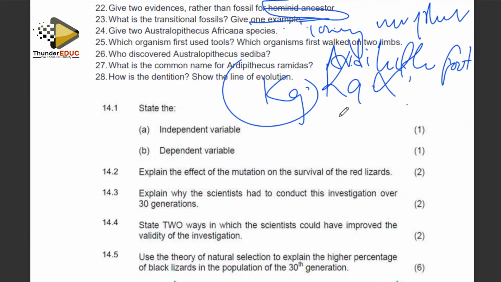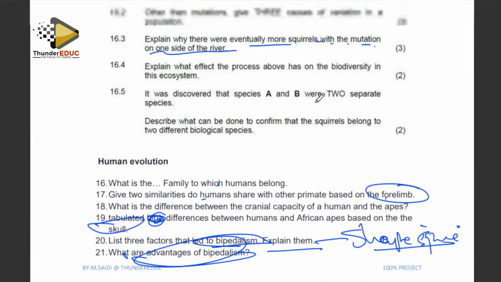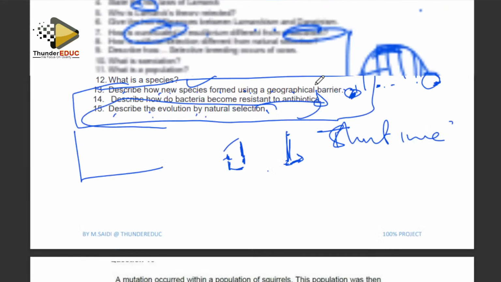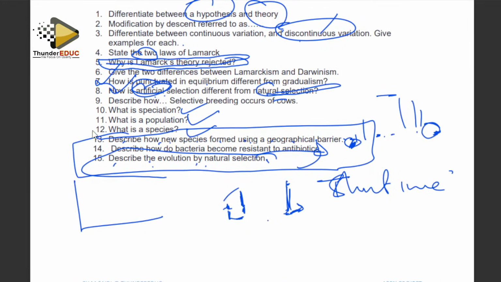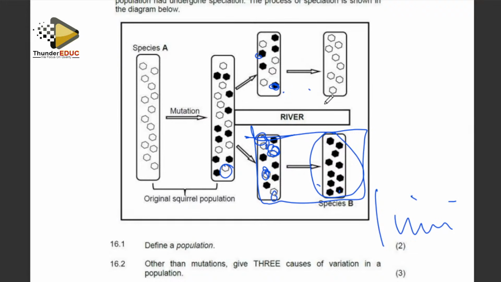Those which don't have those characteristics die. Then the allele for the favorable characteristics is passed to the next generation. So you explain the way I've explained it here. If you were not here, please replay.